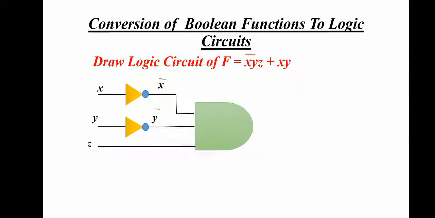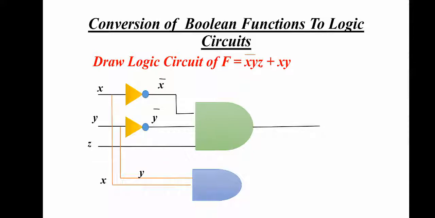But before applying the OR gate on these two expressions, first of all we will draw AND of xy. So first we will take x as an input, then we will take y as an input. After taking these two inputs, we will draw an AND gate because we have to take AND of xy.